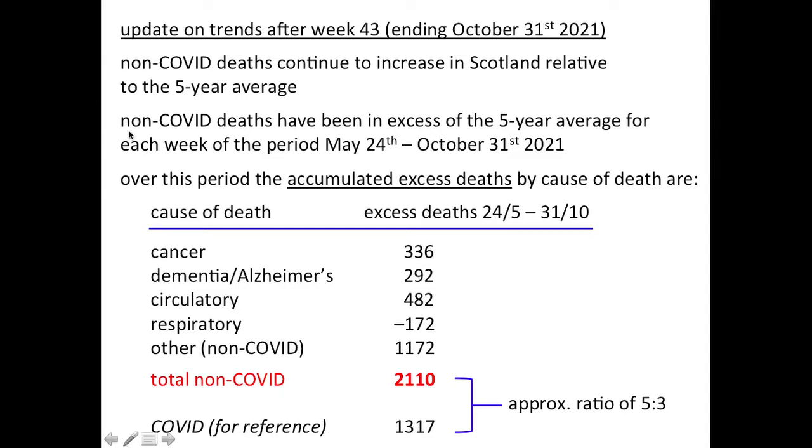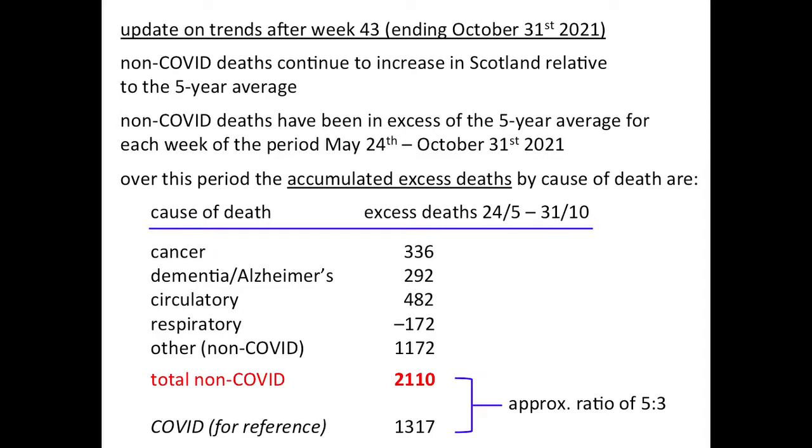Particularly concerning, we see that these non-COVID deaths have been in excess of the 5-year average for each week of the 23-week period, May 24th to October 31st.